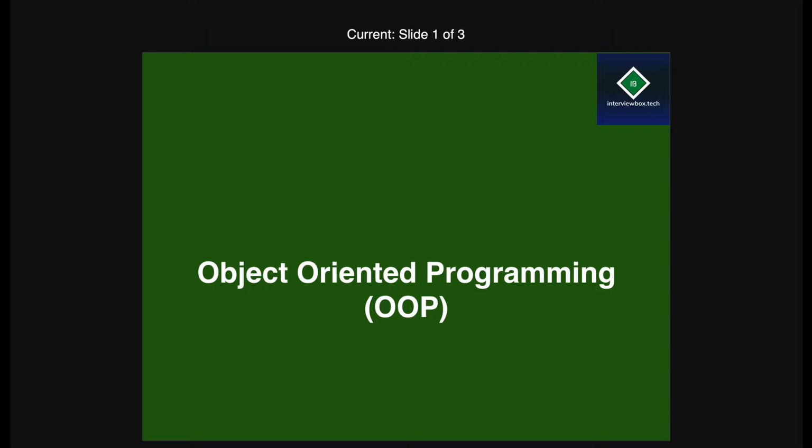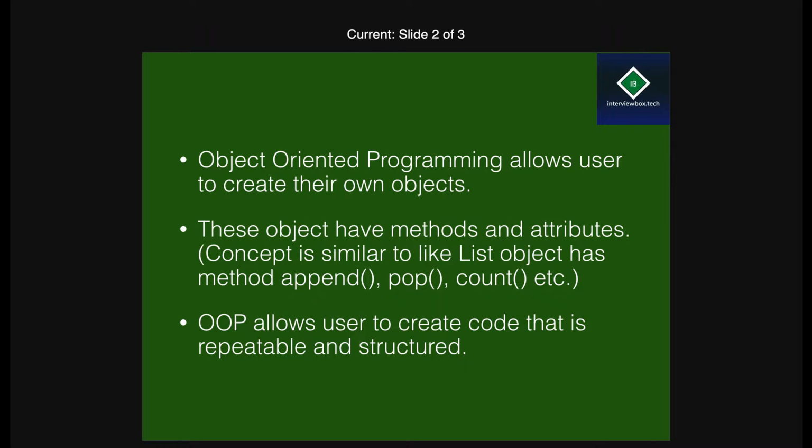Today I'm going to talk about object-oriented programming in Python. Object-oriented programming allows users to create their own objects, and these objects have methods and attributes. This is a very similar concept to what you have seen: Python has built-in objects, for example list, dictionary or set, and these built-in objects have their own functionality, or you can call them methods.